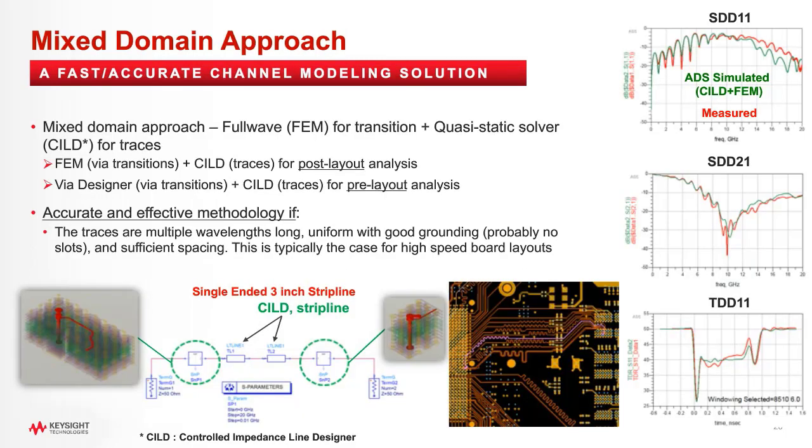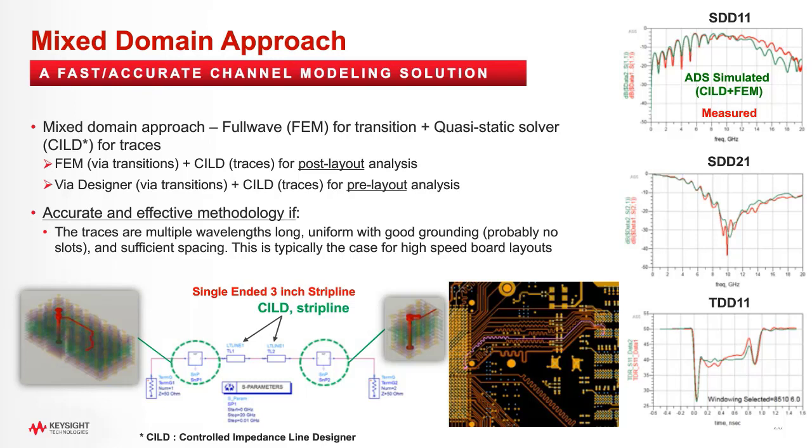Another practical but very accurate approach is the so-called mixed domain approach. As the name suggests, this approach mixes full wave EM and quasi-static solvers for transitions and traces respectively. In ADS, we use FEM for the transition and CILD or SIPro Designer for traces.